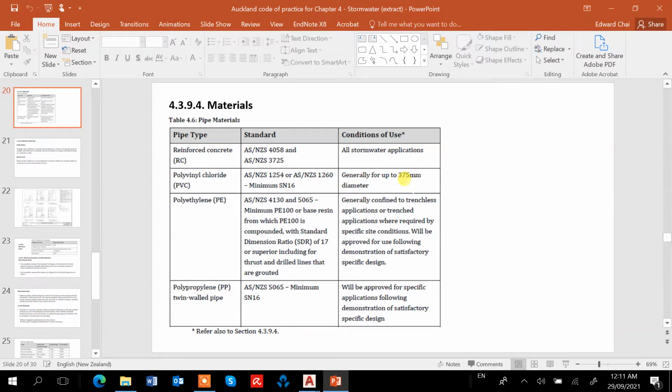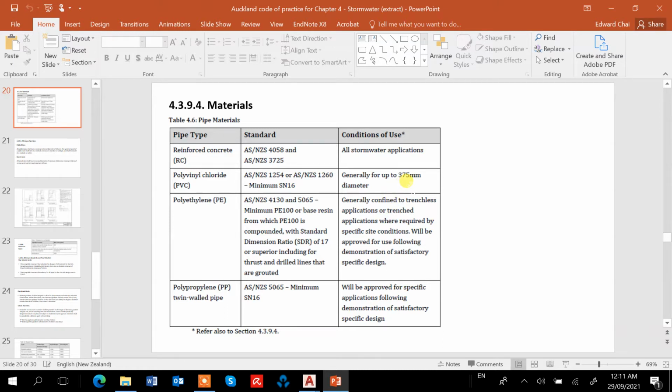The UPVC size is generally up to 375 mm diameter. So if we want to use UPVC pipes, we have to be less than 375.